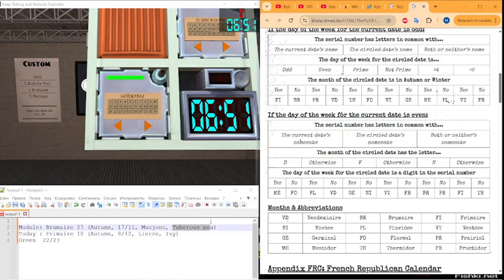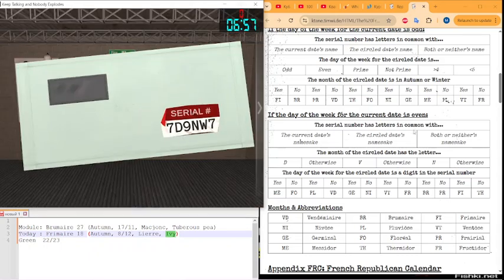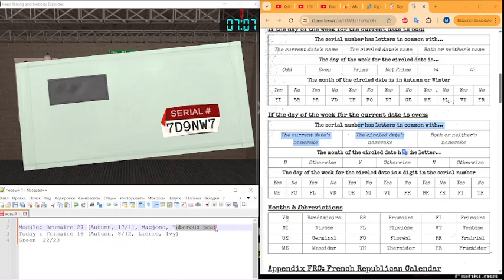So current date's namesake, Ivy. And let me actually look at the number. Letters in common with Delta November Whiskey. No. Circled date's namesake, Tuberose. Nope. So both are neither.